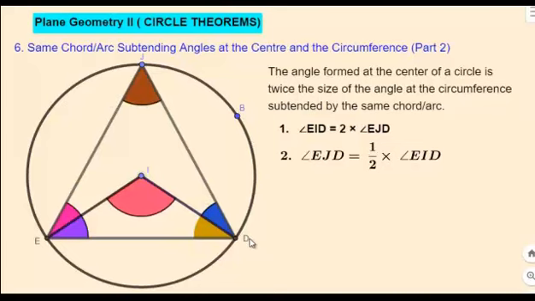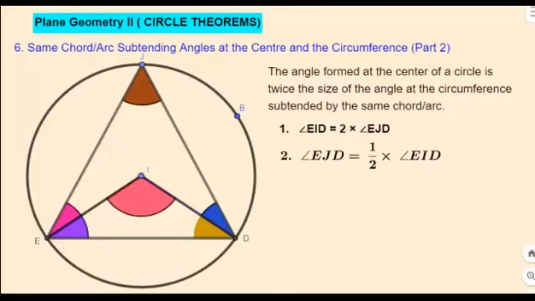And vice versa, if you need angle EJD, just find half of angle EID, and that is what you see on the screen, point 2.